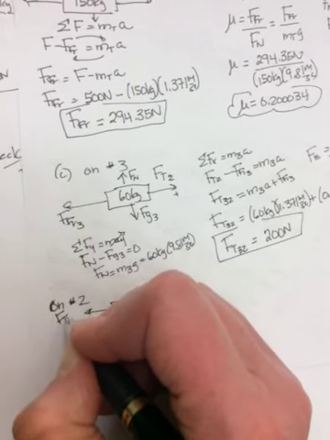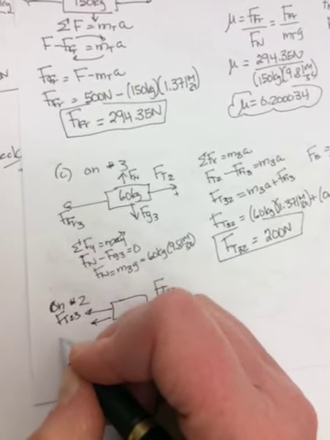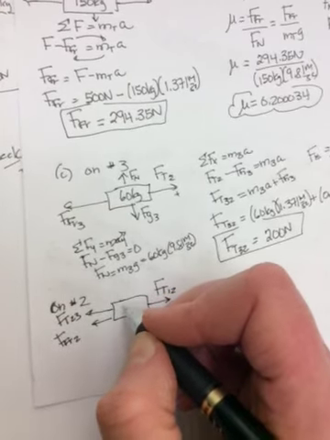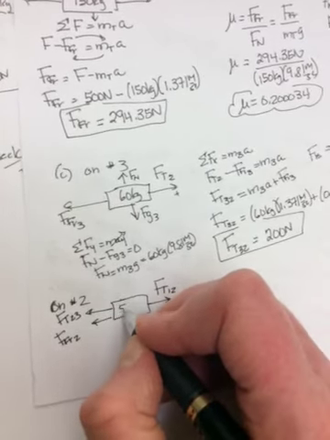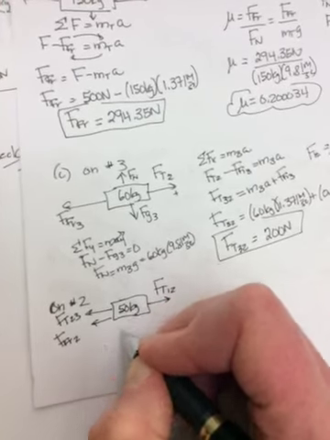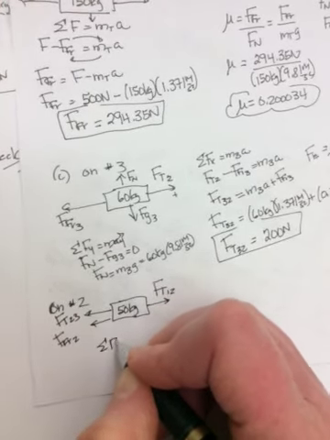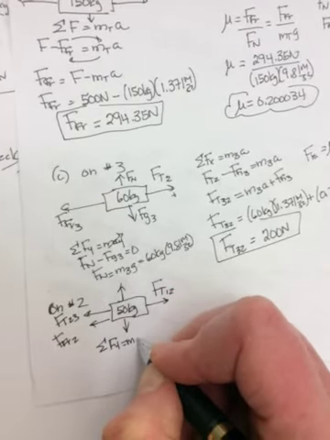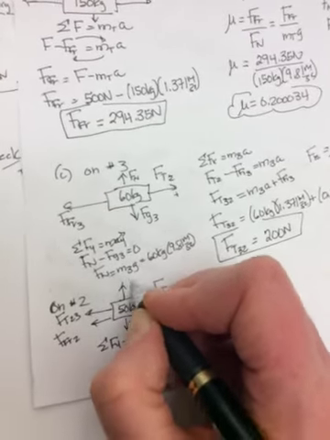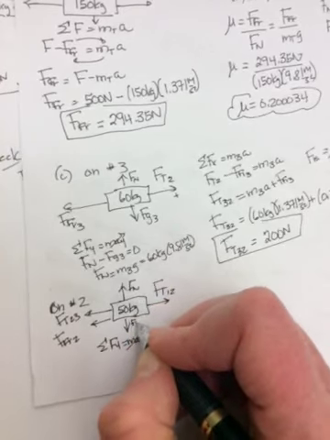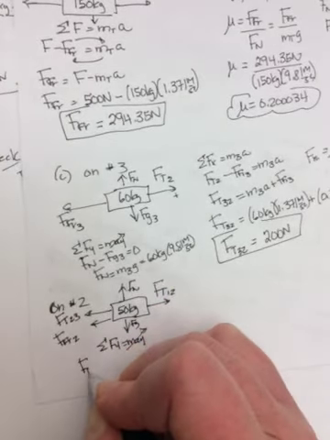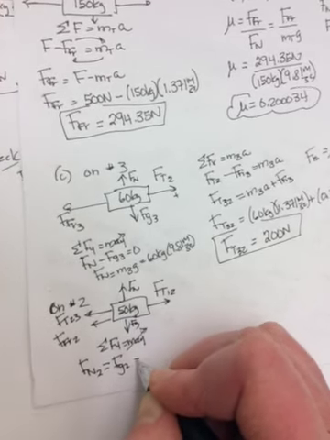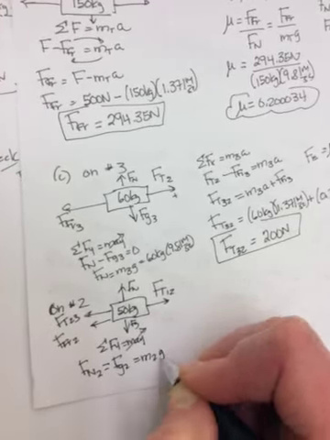There'll be the Ft2 on 3 that we just found, and the friction on number 2, which will not be the same as the friction that was on number 3, right? So again, if you do sum of the forces in the y direction, there will be Fn going up, Fg going down, so Fn2 will equal Fg2, which equals M2G.